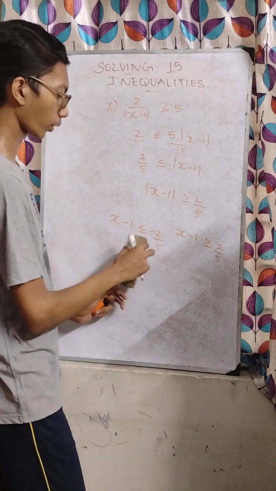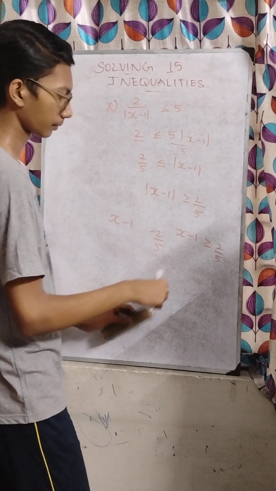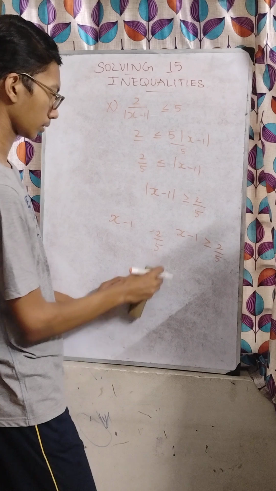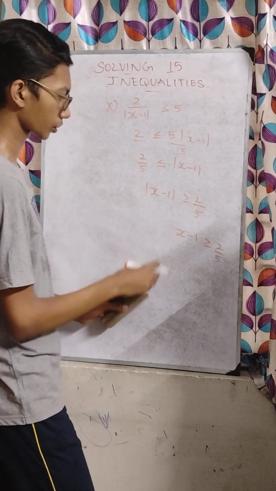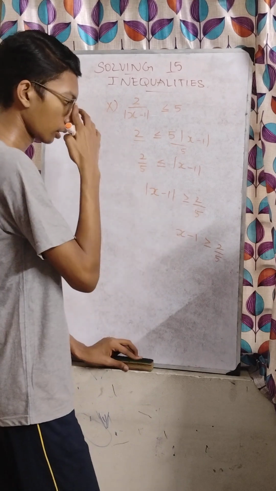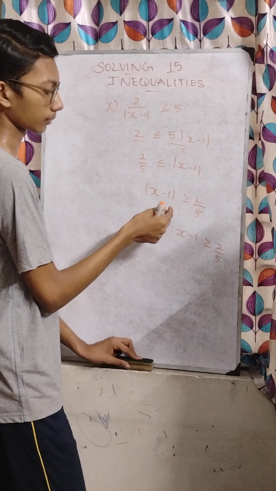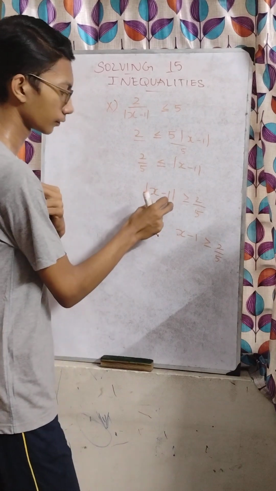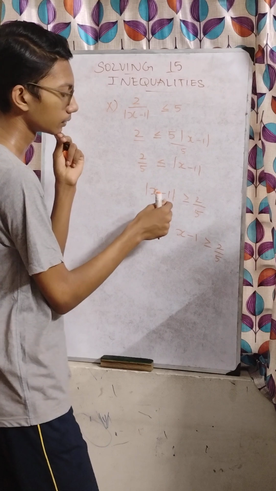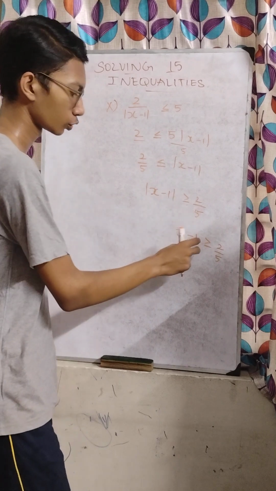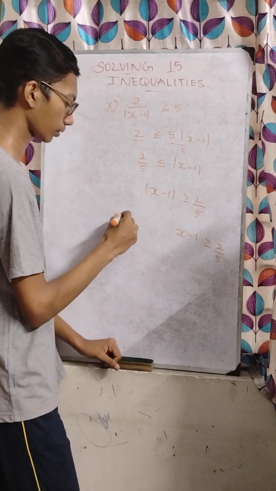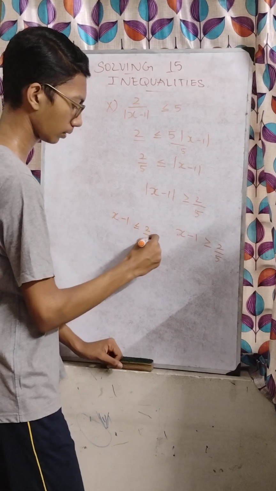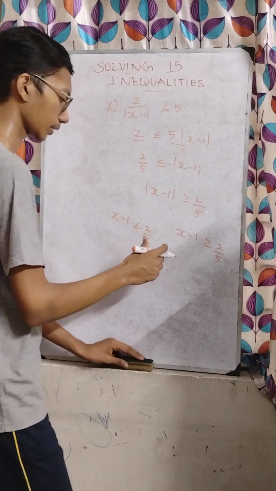Let's check by substituting 1. Will this work if we substitute 1? This won't work, so it should be greater than. So x minus 1 is less than or equal to minus 2 by 5. So we'll try like this.